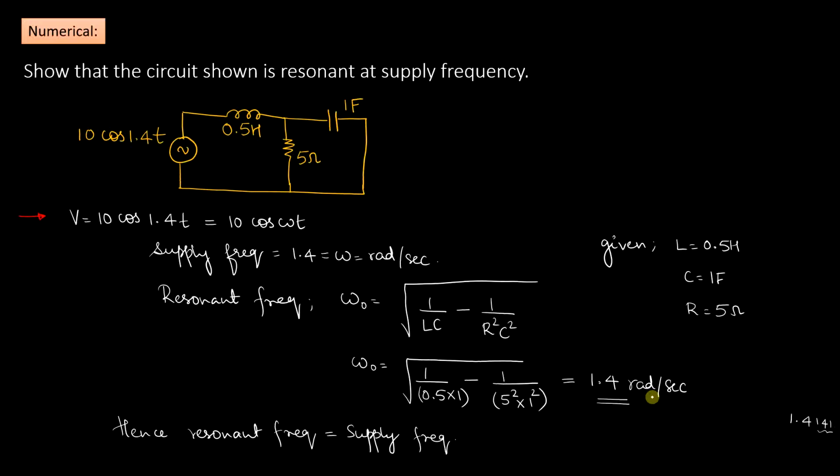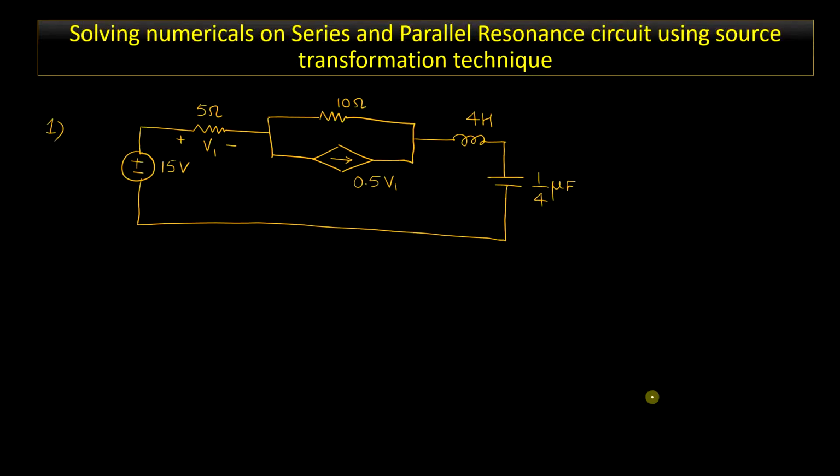So now that completes the module, but we will look into the solution to some of the numericals. We have solved many numericals, but let us see the numericals in this form, wherein we have to rearrange the circuit.